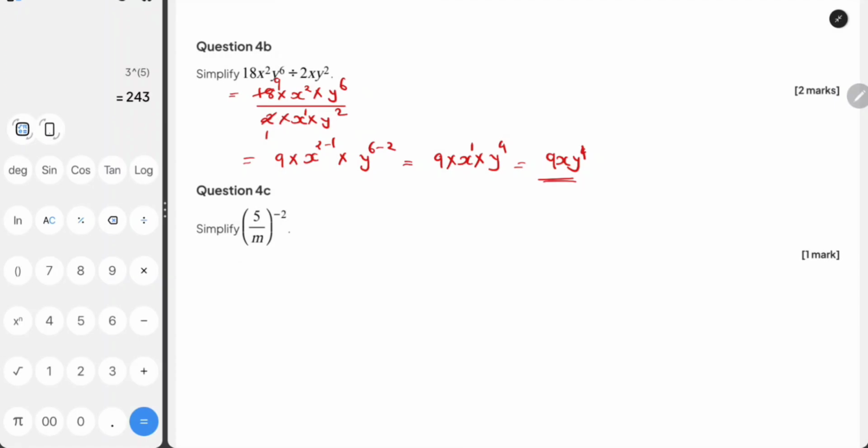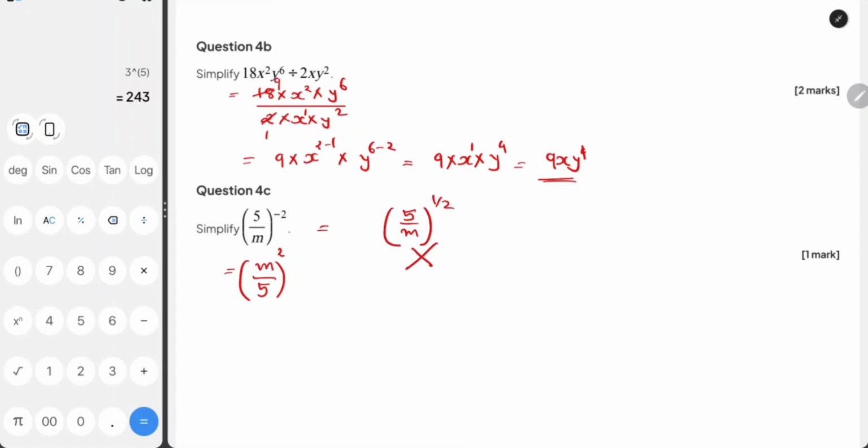See the C part, 5 by m whole to the power negative 2, simplify. So first we'll make the power positive. To make the power positive, you do the reciprocal of the base. Now understand one thing, that many students make this mistake. Instead of reciprocating the base, for making this positive, they reciprocate the power. I have seen students making this kind of mistake, that this equals 5 by m to the power 1 by 2. This is completely wrong.